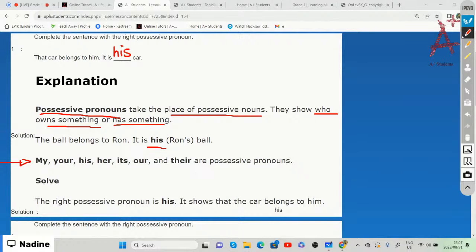Anything that belongs to him, we can say it is his. Anything that belongs to her, we can say it is hers. So the car belongs to him. It is his car. So his is the possessive pronoun, and it shows that the car belongs to him.